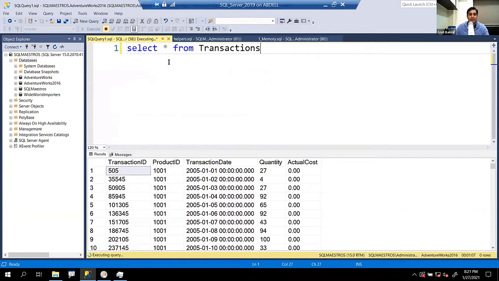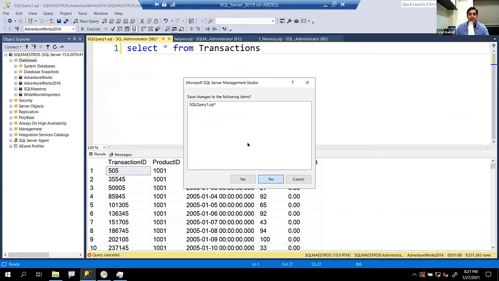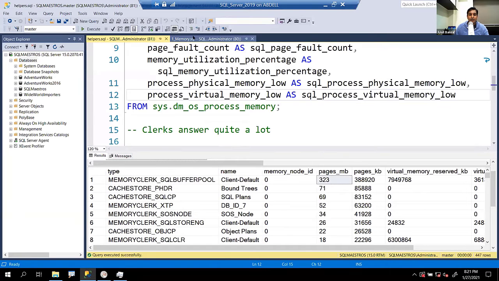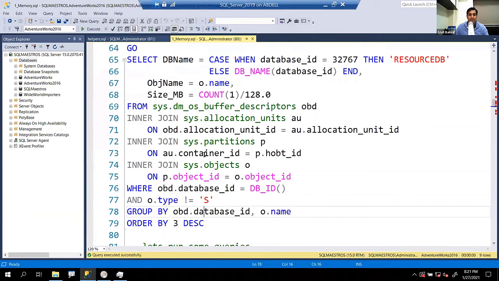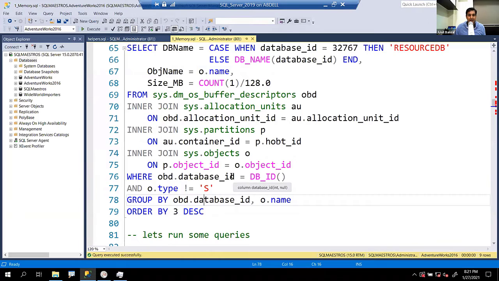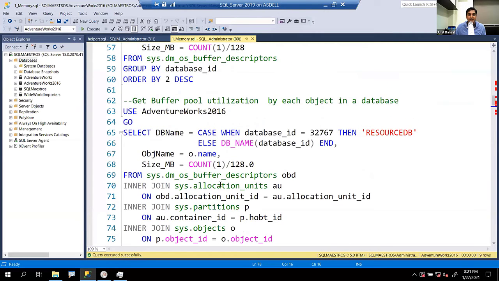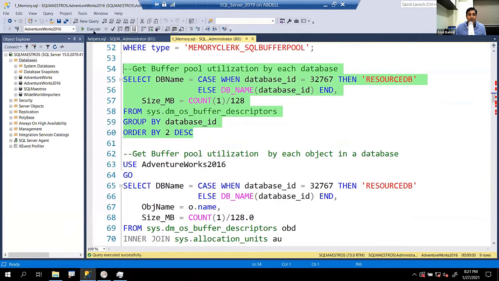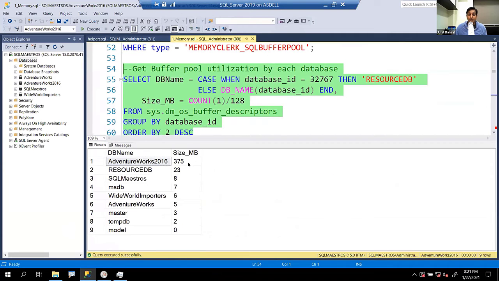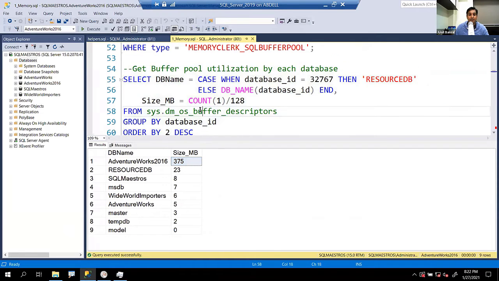Let's stop this for the time being and close this. And if we look into this breakdown again, first let's look at the databases, and you will see AdventureWorks 2016 should shoot up right on top. This database has pages worth 375 MB in the buffer pool.